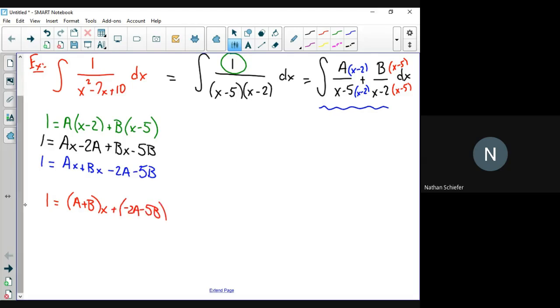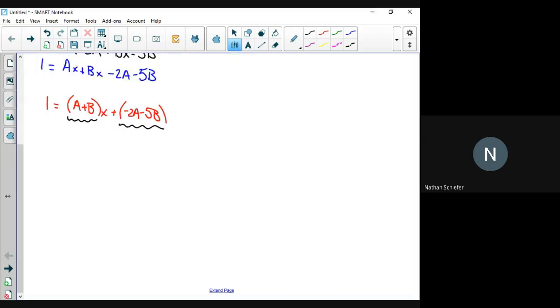So what I have here is a coefficient of x, and I have a constant. And if this is a true equation, what has to be true about the coefficient of x on the right side of the equation and the coefficient of the x on the left side of the equation?